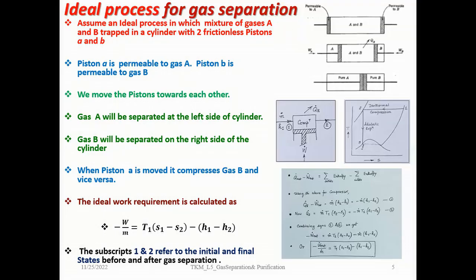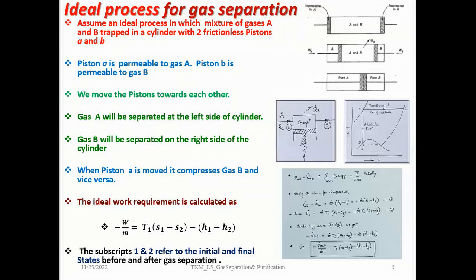But the process of moving the pistons close to each other compresses the other gas. For example, gas A is being compressed by piston b and gas B is compressed by piston a. Originally, both the gases are at their partial pressures, but after the compression, they will come back to the original pressure of the gas in the cylinder.